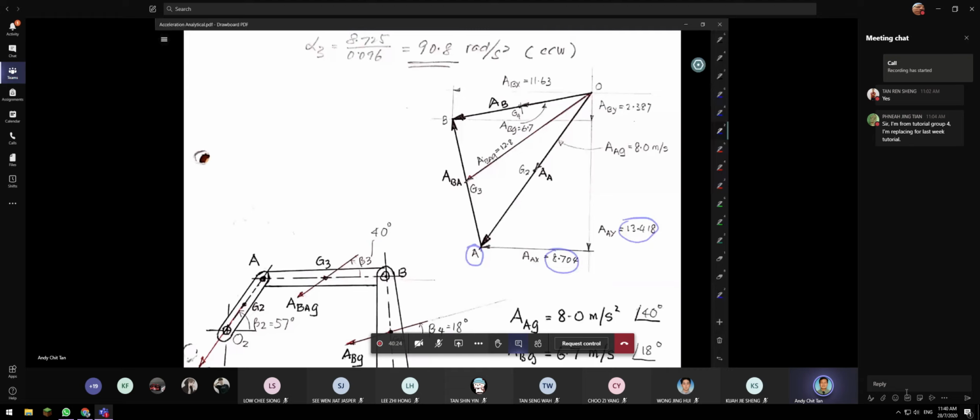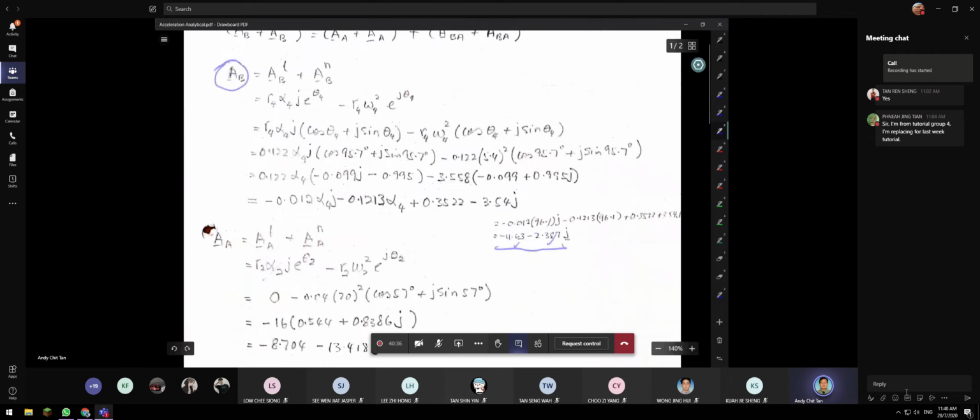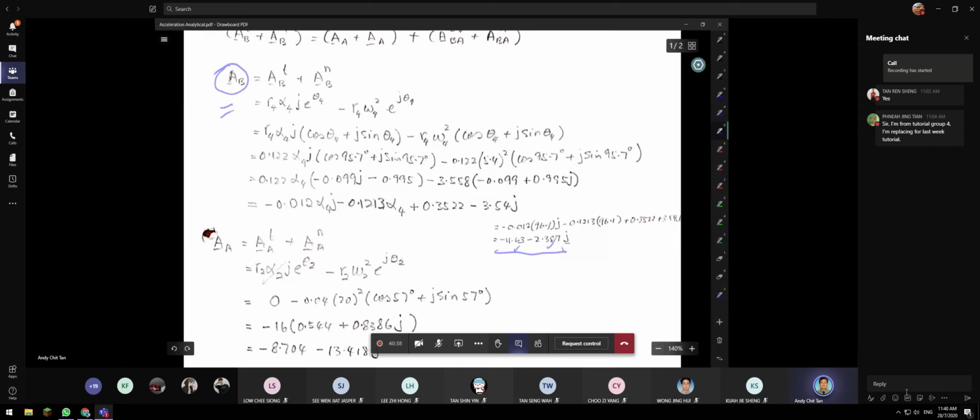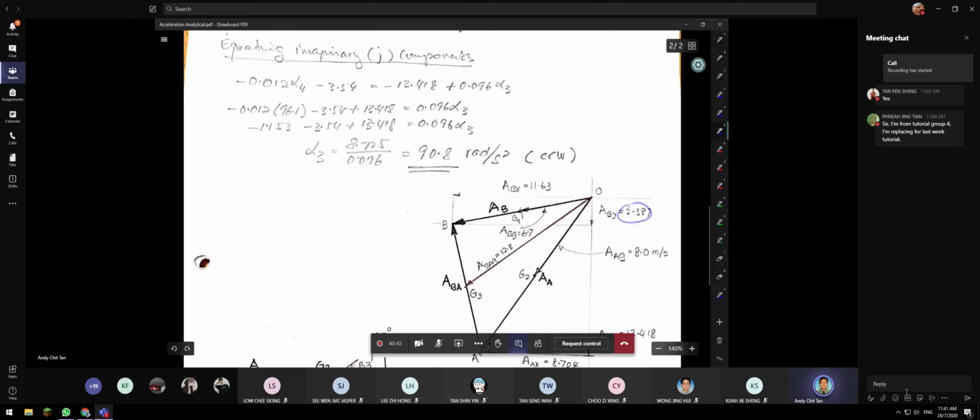Sorry, that is the acceleration of B here. Acceleration of B is given by this, so I draw the y-axis 2.38 and the x-axis 11.63.